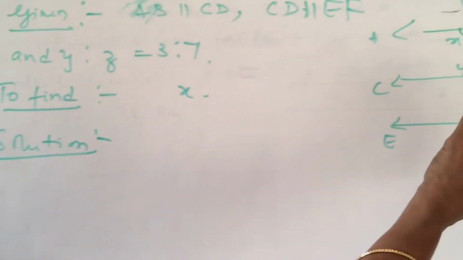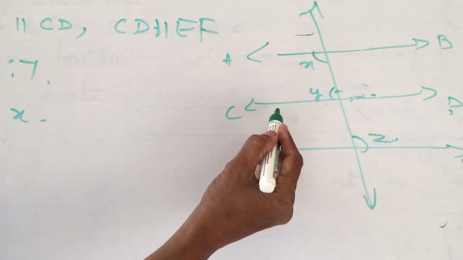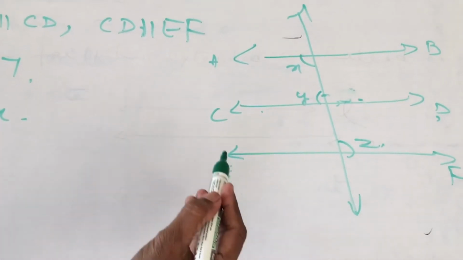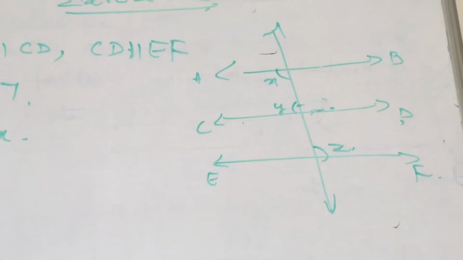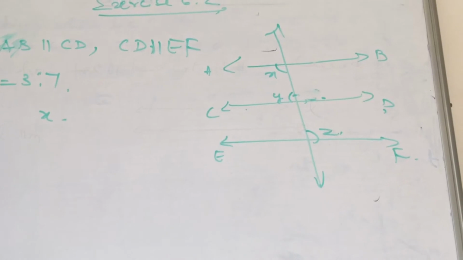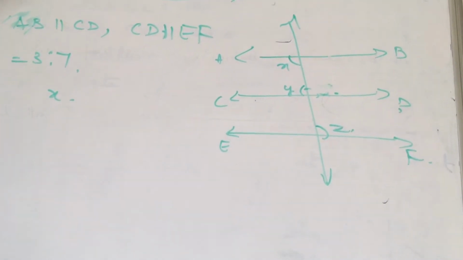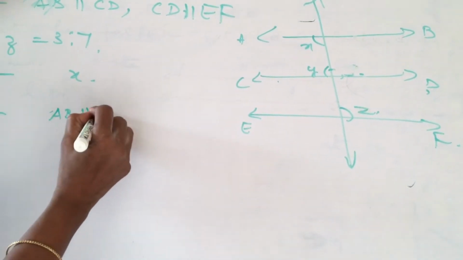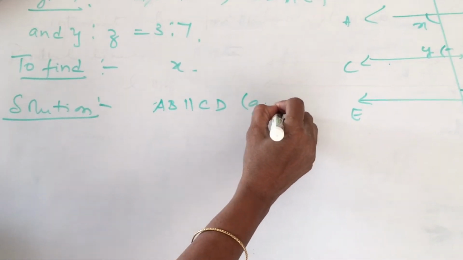All of you remember, AB parallel to CD, CD parallel to EF. I have given the note yesterday: two lines which are parallel to the same line are parallel to each other. AB parallel to CD, given.